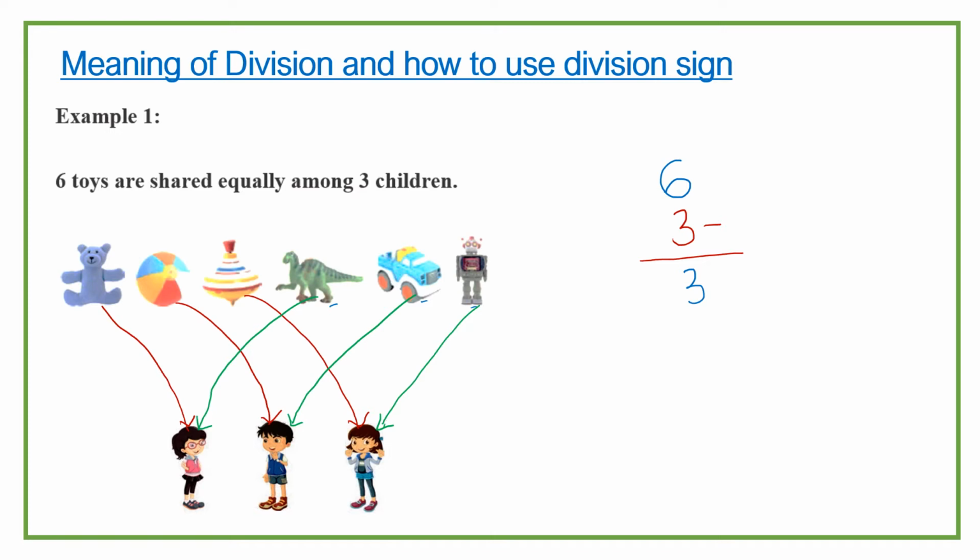Since we have given away 3 toys, let us take away 3 from 3. And we remain with 0. So, all toys have been given away, and you can see that each child gets 2 toys.